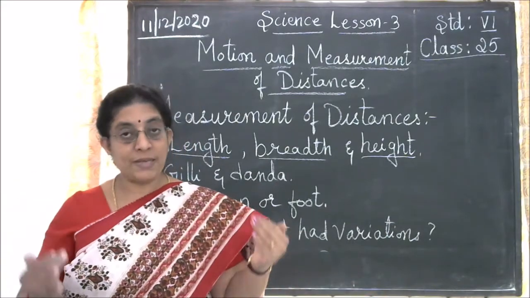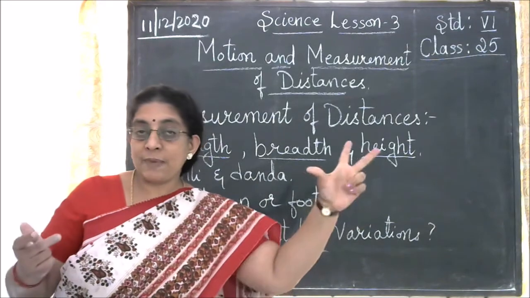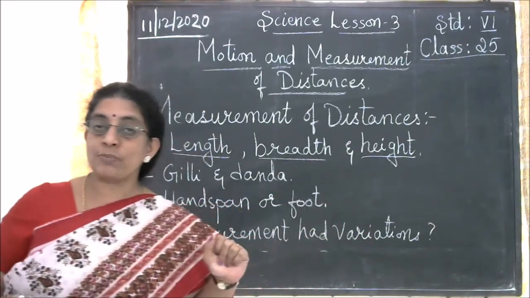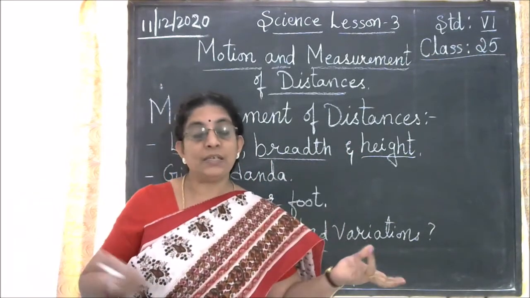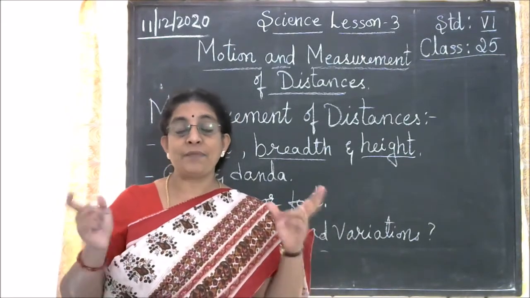Or if a person is smaller than me, if they are children, their hand span is smaller, their foot is smaller. So each one had a different type of measurement, and each time there were variations.